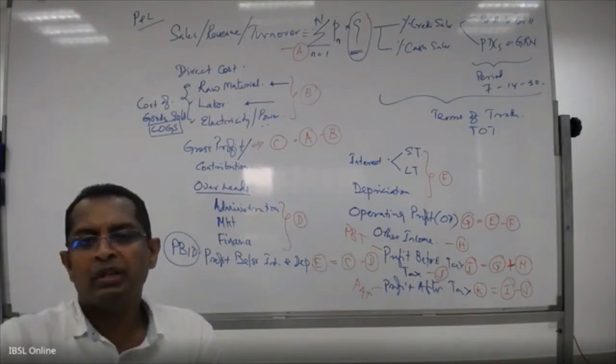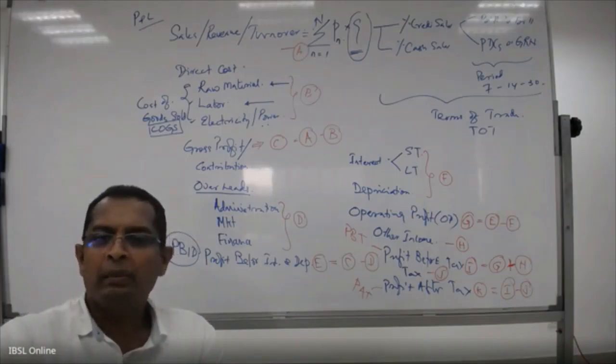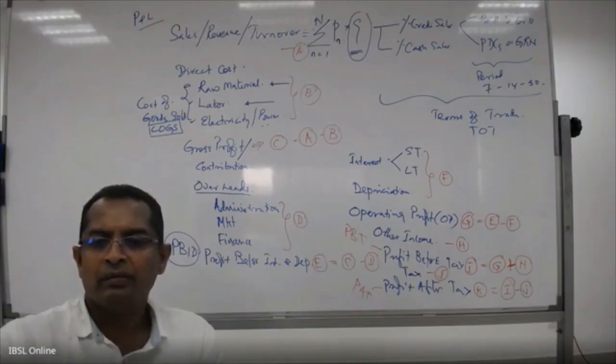Right? Since no one is asking questions, I can't hear anyone, and no one texts me either, I assume everything is clear and you know everything on P&L and balance sheet. So I'm proceeding. Okay.